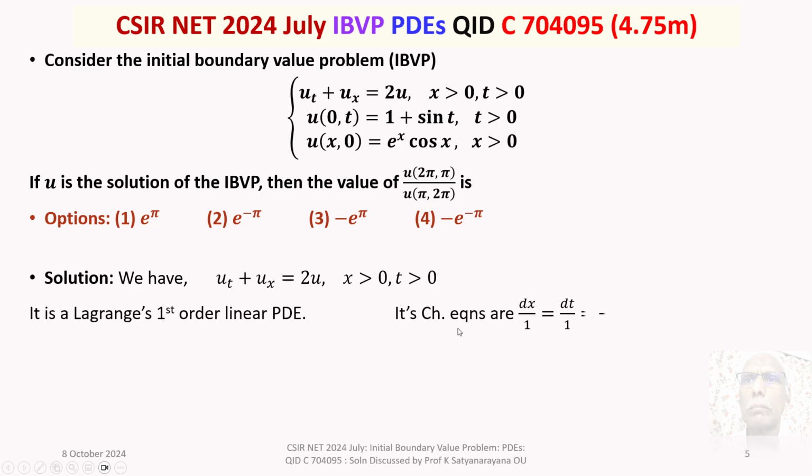Its characteristic equations are dx by the coefficient of del u by del x, that is 1, is equal to dt by the coefficient of del u by del t, that is 1, is equal to du by 2u. Right. We take the first two equations and integrate. dx by 1 is equal to dt by 1. Integrating we will get x minus t is equal to c1.